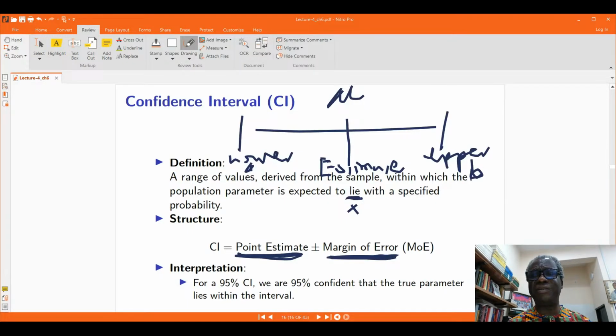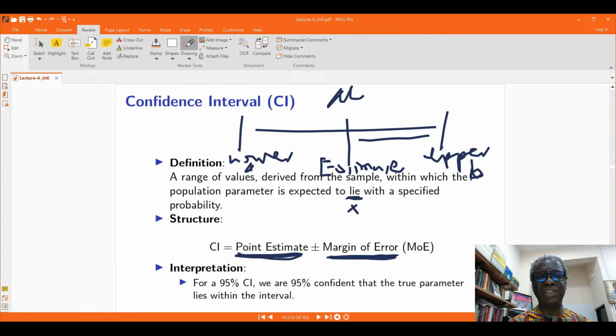So the margin of error on this side will be computed and added to the estimate to get the upper limit, and subtracted from the estimate to get the lower limit. So that's how it is done.